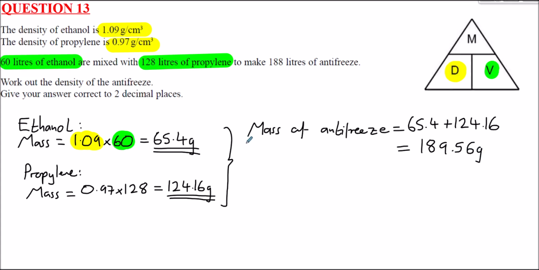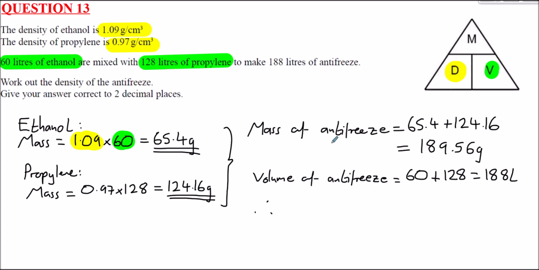And also, we know the total volume of antifreeze. So volume of the antifreeze is going to be the volume of ethanol mixed into it, which was 60 litres, plus the volume of propylene mixed in, which is 128. And 60 plus 128, that gives us 188 litres. And from these two, if we know the mass of antifreeze and the volume of antifreeze, we can work out the density of the antifreeze.